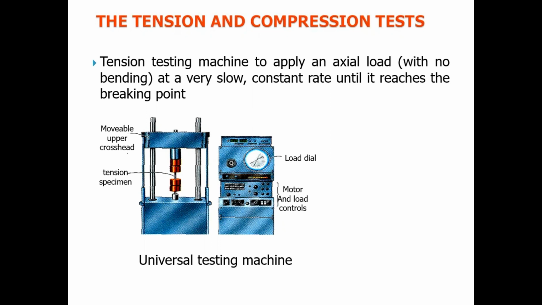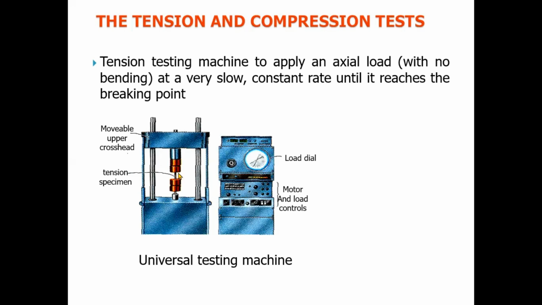Now here we have a tension testing machine, which is known as UTM, Universal Testing Machine. It contains a movable upper jaw, and there are two jaws, upper jaw and lower jaw. In this, we put our steel bar and apply tension, as the jaws move apart.